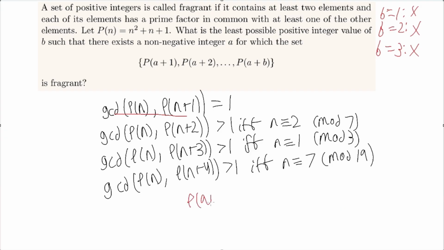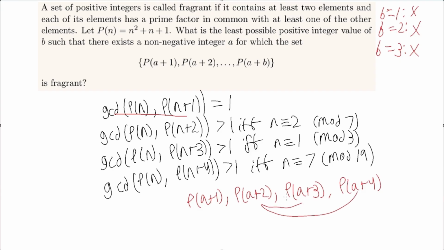Well, we have P of a plus 1, P of a plus 2, P of a plus 3, and P of a plus 4. Then these two have to be paired together because, as I said earlier, we can't have these ones paired together, otherwise we get a contradiction according to this one here. So these two are paired together, which implies a plus 2 is equivalent to 2 mod 7 by this one over here.